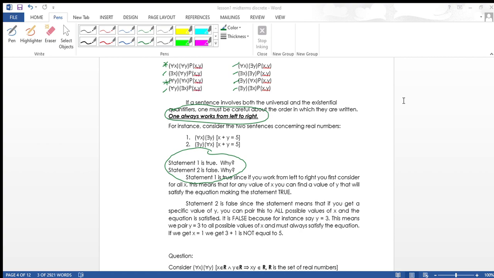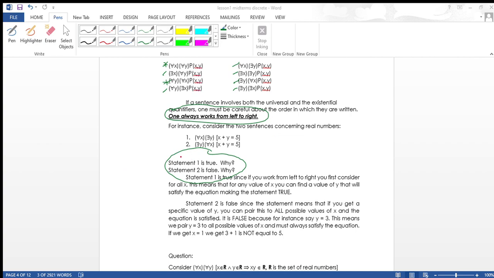So why is that so? So let's explain. Let's go back to this proposition. So we have x plus y is equal to 5. We work from left to right. So we first look at for all x. So what does that say? For the value of x, you can use here any real number.